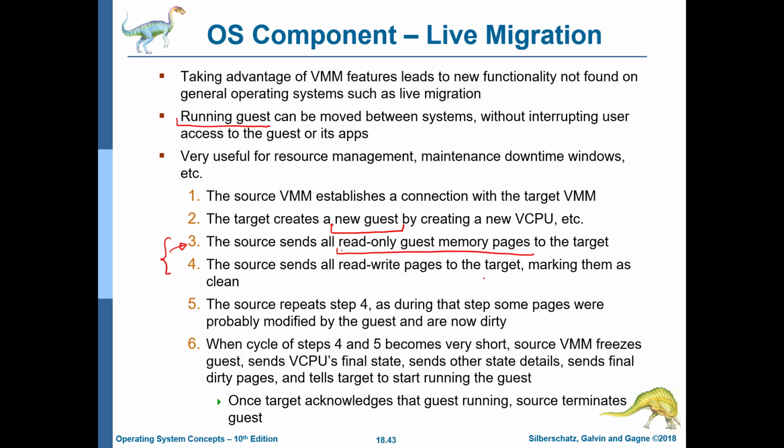Once they become very short and we know that most of the data has been transferred and whatever is changing is not much, the source will freeze the VMM, in the sense it will not allow it to execute more instructions. It will collect the final state of all the virtual CPUs and all the IO devices, send the final set of dirty pages in memory, and tell the target to start running the guest after it has fully transferred and initialized the state.